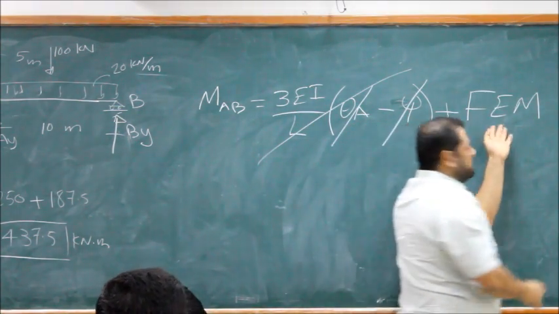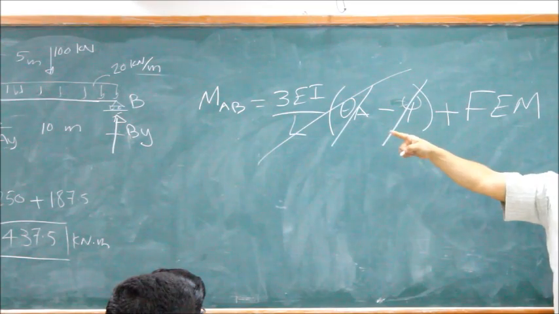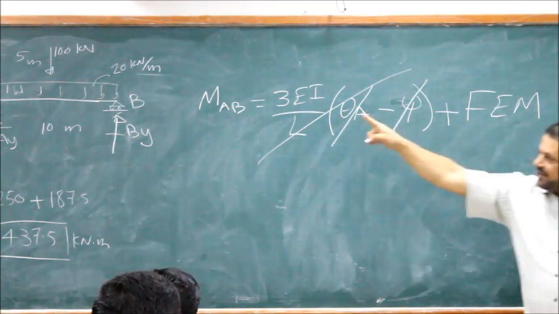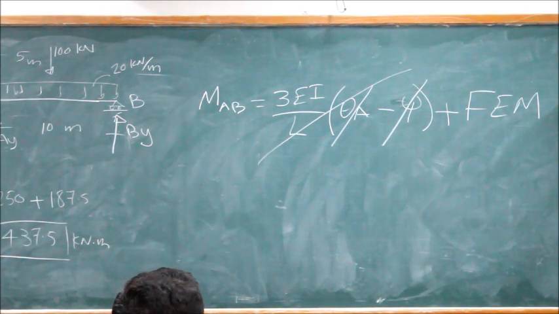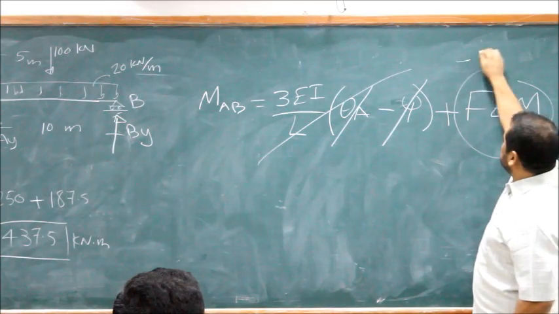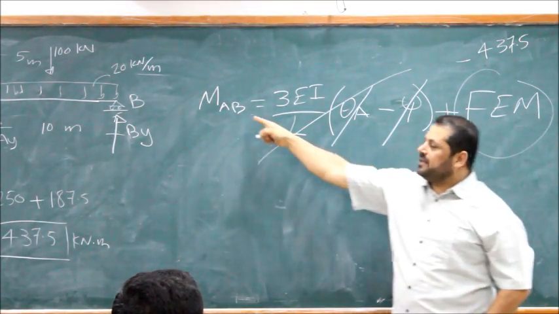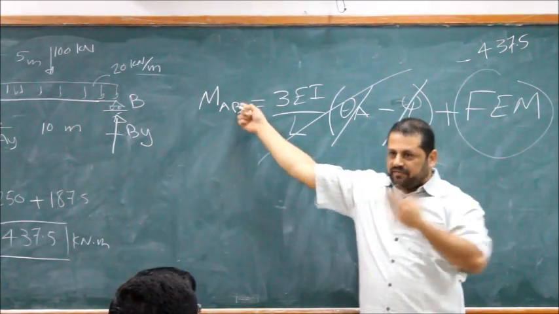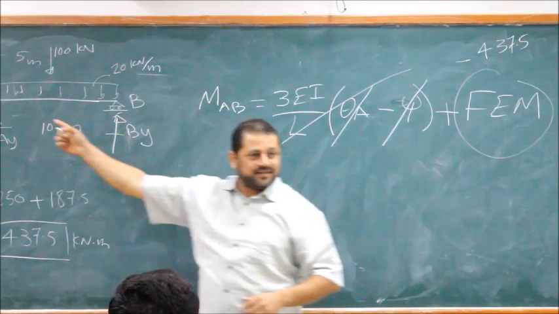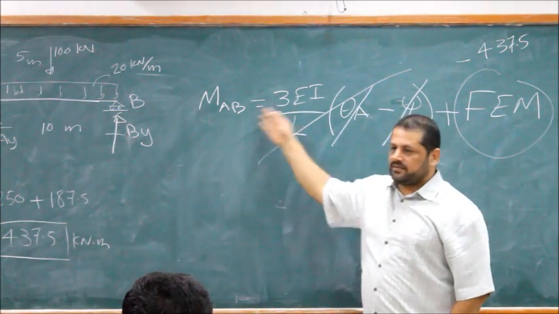So it's the fixed end moment, the fixed end moment in span AB at A. The fixed end moment is counterclockwise, so this one will be minus 437.5. That's MAB. If you get it positive, it means clockwise. If you get it negative, it means counterclockwise. It's straightforward. Direct.